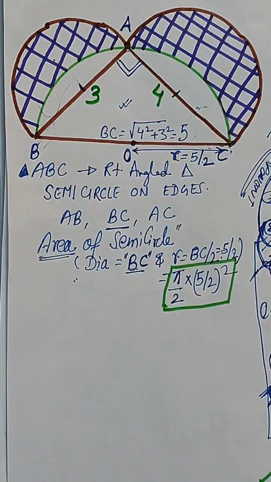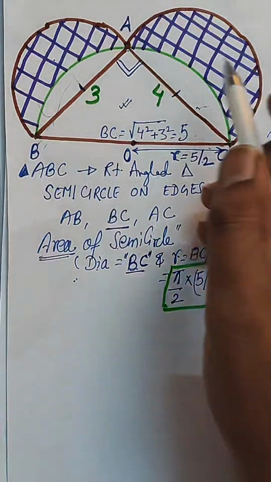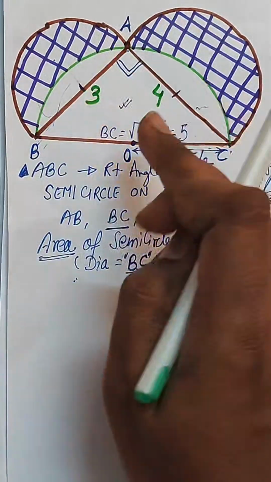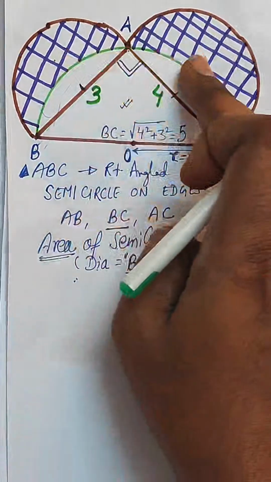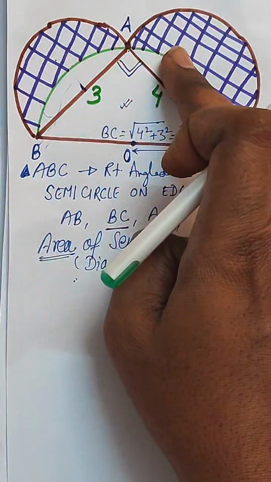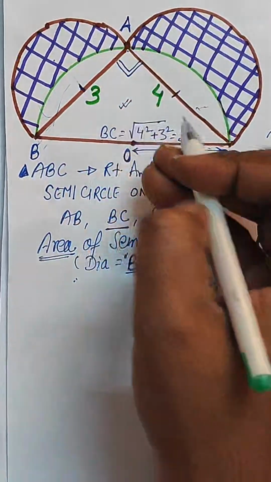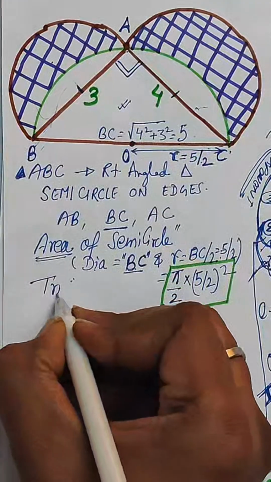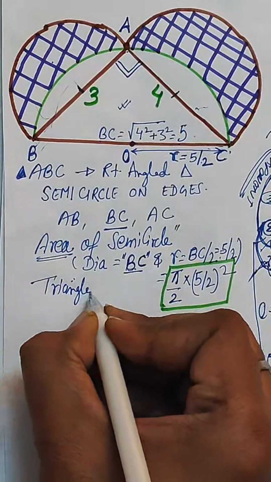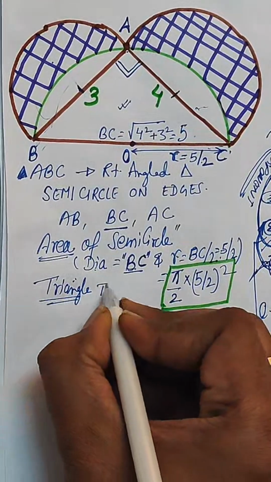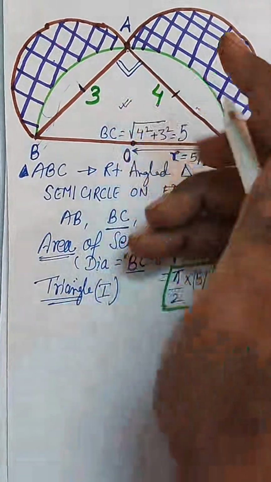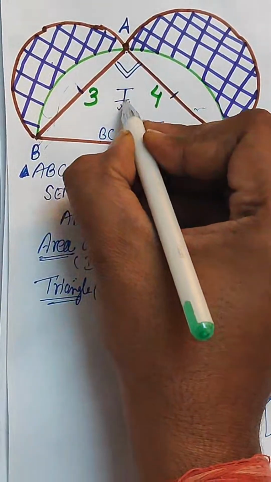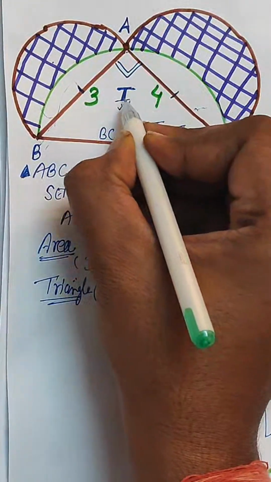Now what we will do, why don't you just calculate the area of this triangle and these two semicircles on the top. Let us say the triangle is area number 1, this one, the right angle triangle I am saying, in the center.